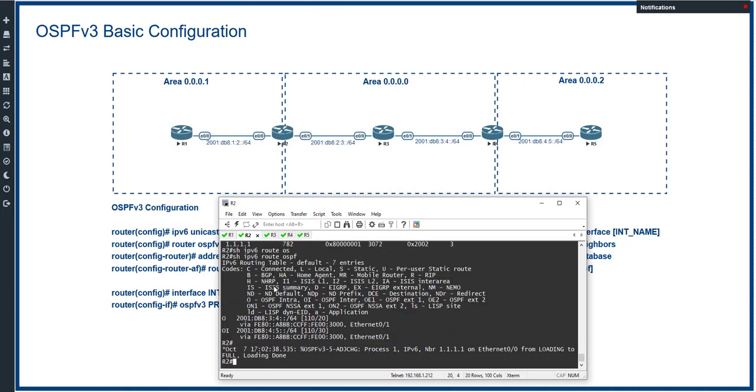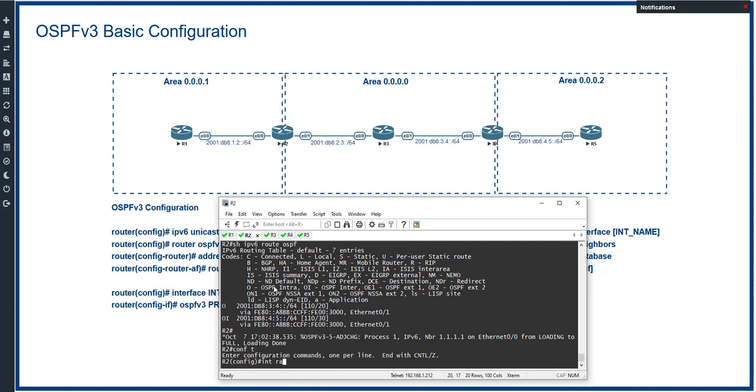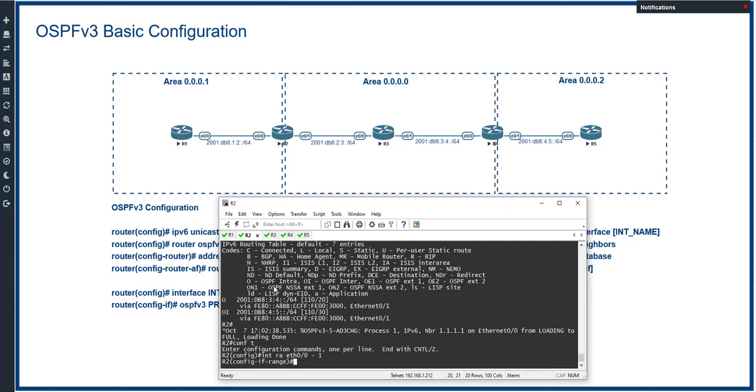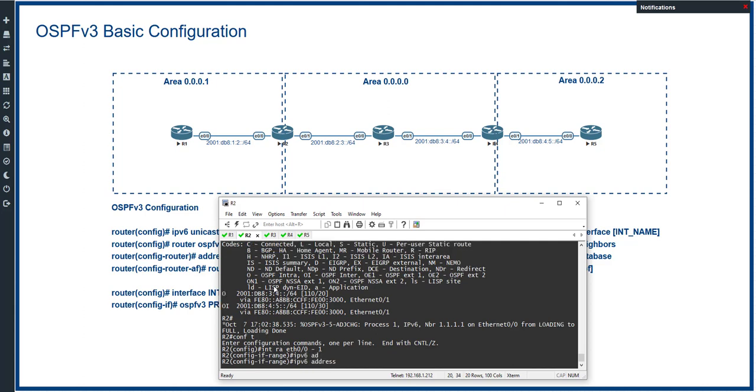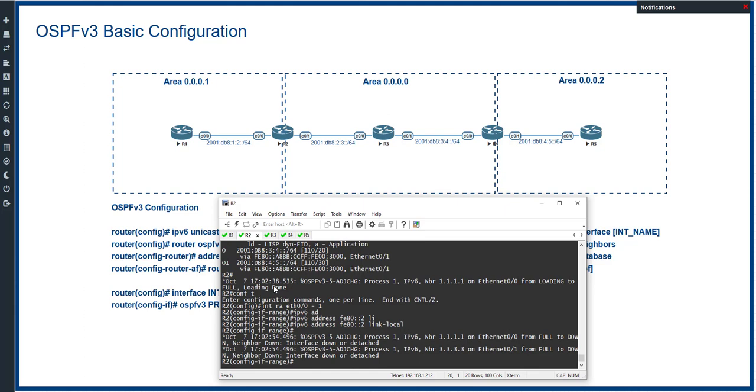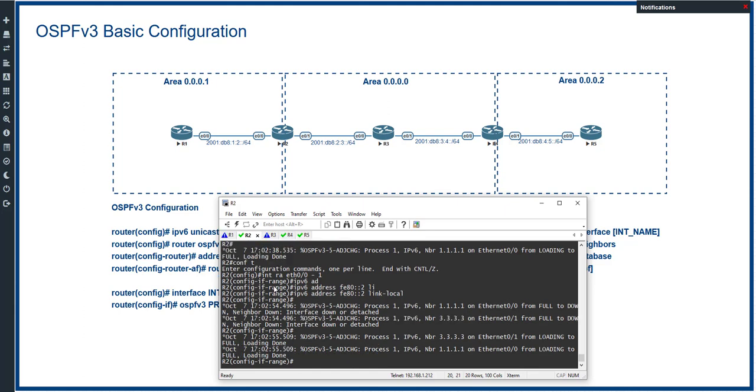Also in router 2, we can use this command: interface range ETH0/0 to 1, ipv6 address FE80::2 link-local. You know that we can configure the same link-local address on multiple interfaces of a router. The neighborship is resetting.